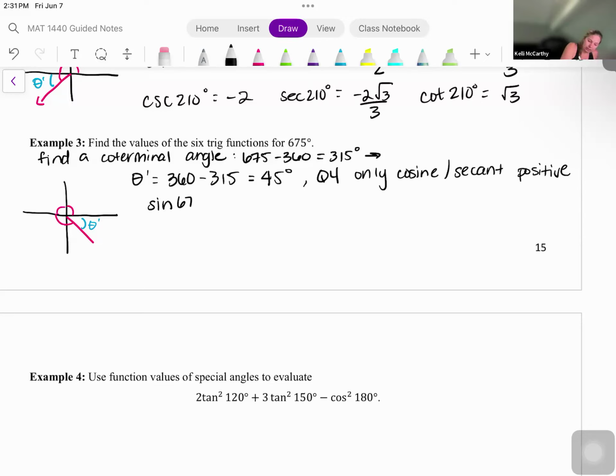So sine of 675 degrees is going to be equal to negative square root of 2 over 2. Cosine of 675 degrees is equal to positive square root of 2 over 2. Tangent of 675 degrees is equal to negative 1.